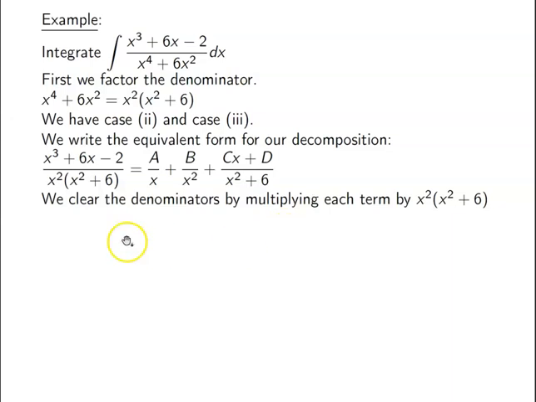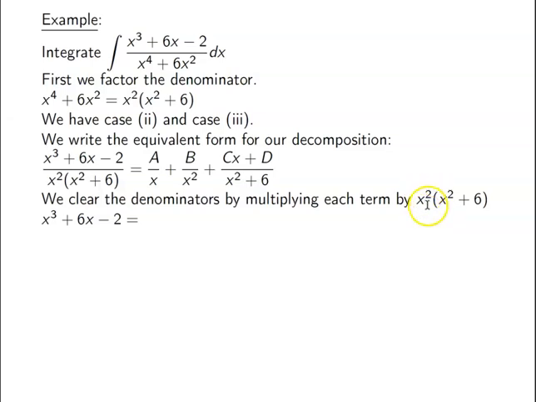Okay, so I'm going to multiply each term by that denominator. So obviously, it should cancel out with the left side, right? Because if I'm multiplying the numerator times this term, it cancels out with the denominator. When I multiply this times the first term on the right, the only thing that cancels is one of the x's.